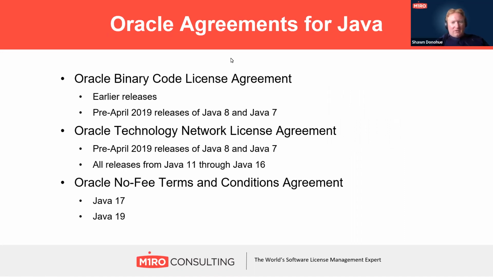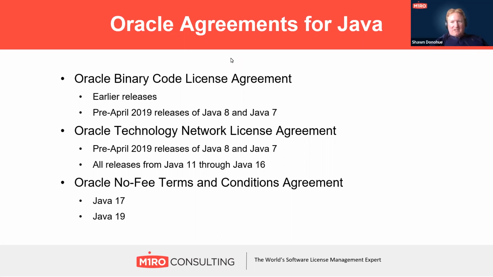All right, so let's talk about the different types of agreements. There were various different names of the different Oracle contracts that you could get. The earlier releases, we talked about 5, 6, whatever it might be before that, and the versions of 8 and 7 that were out before April 2019, are licensed under what's called the Oracle Binary Code License Agreement.